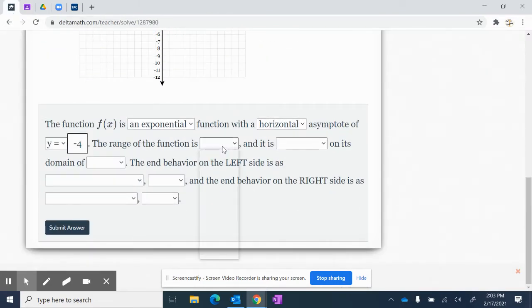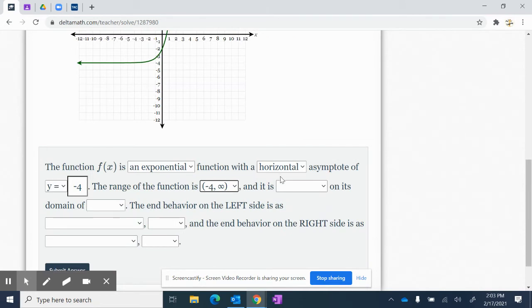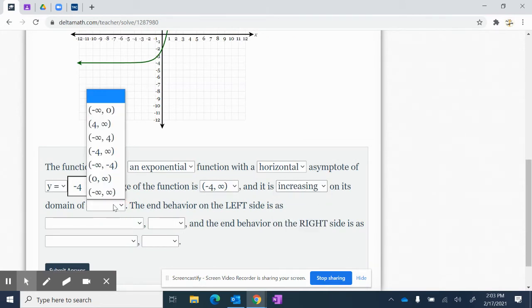So it's going to be negative 4, comma, infinity. And looking at my graph, I can tell it is increasing on its domain of negative infinity to positive infinity because all exponential functions have the same domain.